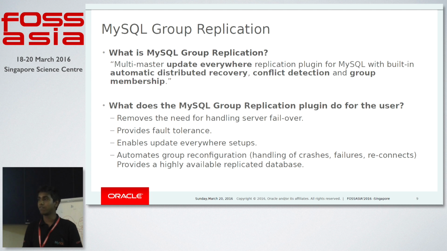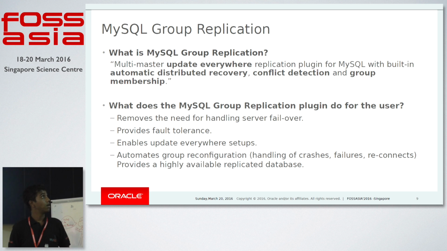Simultaneously, we are providing conflict detection so that if 2 servers are being updated simultaneously on a particular row in the table, we can detect that conflict and roll back one of them. And we provide group membership, which is a way to establish how the members are present in the group.